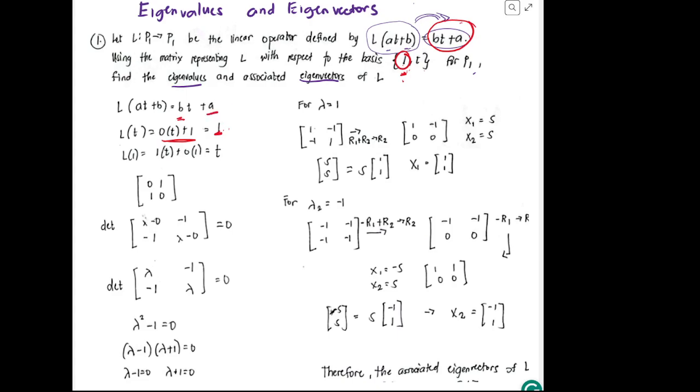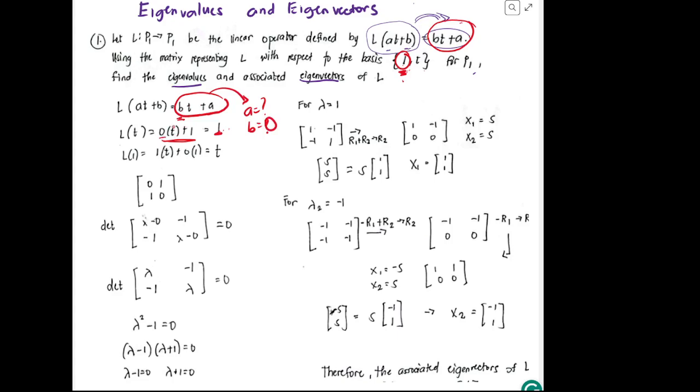Okay, for 1 to be the result, given this linear transformation and given the basis, we said we will begin with 1. So what should be the value of a and what should be the value of b from this so that it will result in 1? Now, as we deal here, of course, b here should be 0.